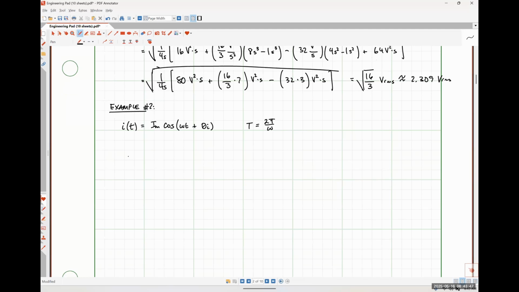So my effective current here should be the square root of omega over 2 pi, because that's 1 over T, times the integral from 0 to 2 pi over omega of Im cosine of omega t plus theta I, squared, dt.